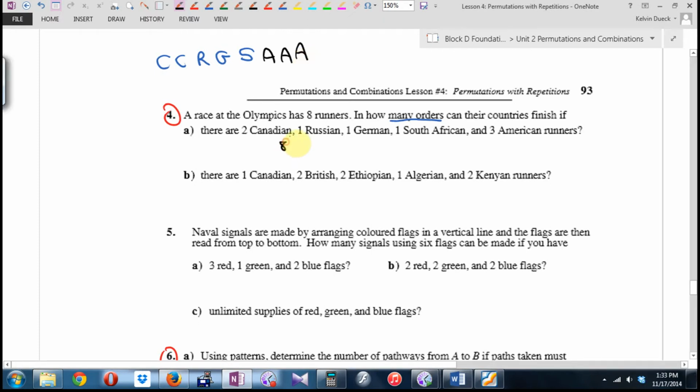It's going to be 8 factorial over 2 Canadians, 3 Americans. I could ignore the 1 Russian, 1 German, 1 like that. And this is why we start out doing so many words, because Logan, with a bit of cleverness, I can turn lots of questions into words. Yes, it's runners. No, they're letters. As far as I'm concerned, I can treat them that way. Is that okay? And I'll let you try B on your own.